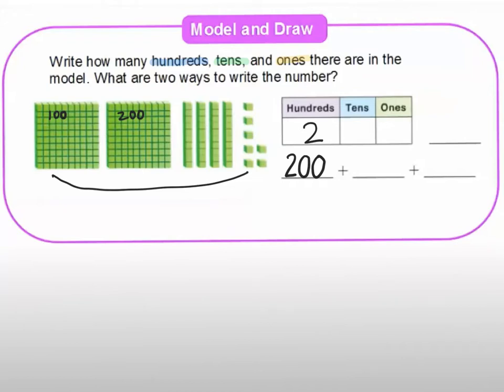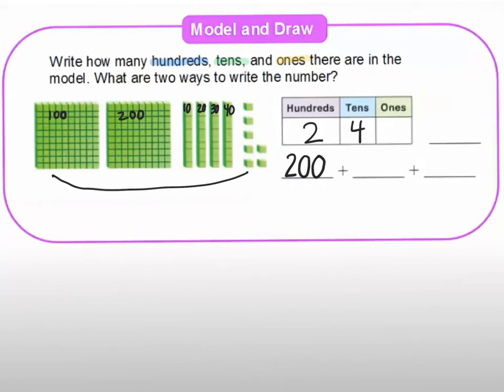Now, how many 10 blocks do we have? 1, 2, 3, 4. We have 4 10 blocks. Remember, we skip count these by tens to find out how much our total is, how much it's worth, or value. 10, 20, 30, 40.